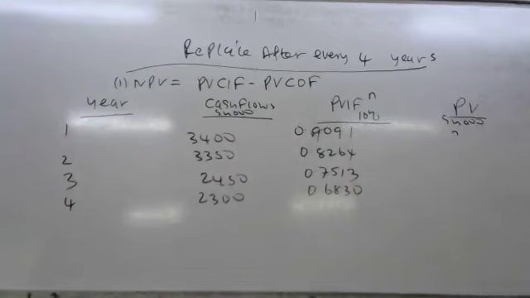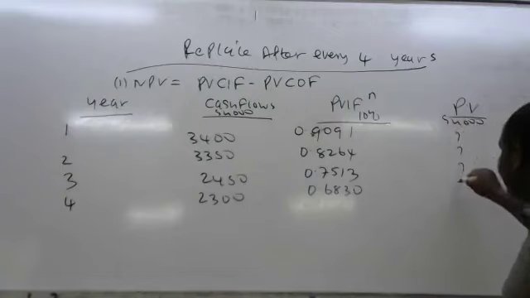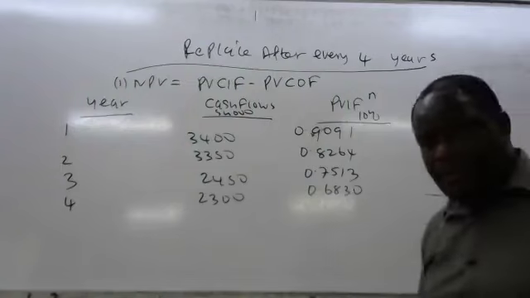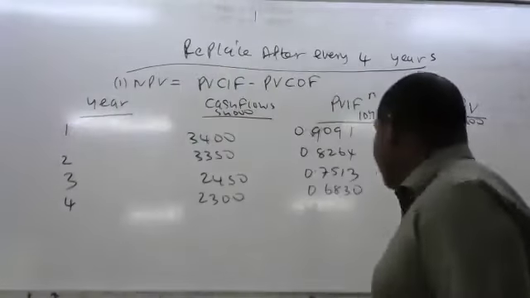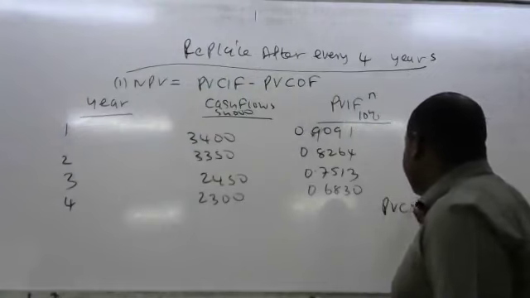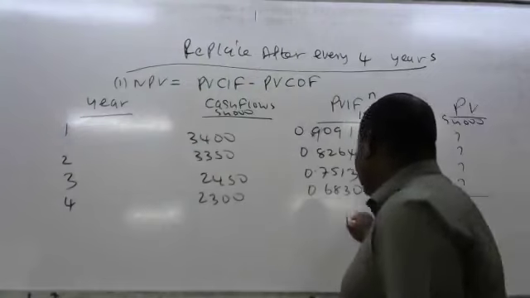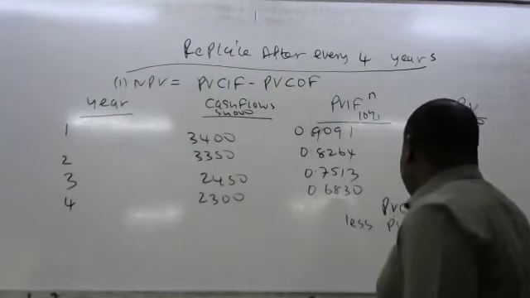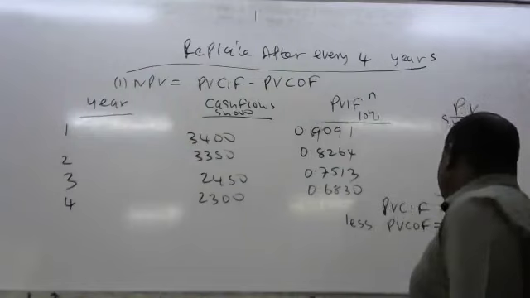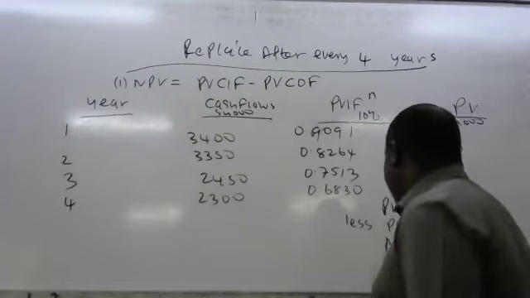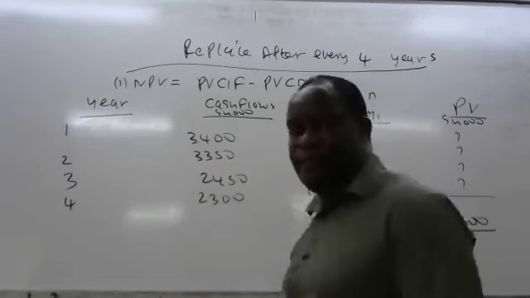So now get the present values, then add them together so that you come up with present value of the cash inflows. Then you also less present value for the cash outflows, which was meant to be 6 million. Then get the NPV for that.